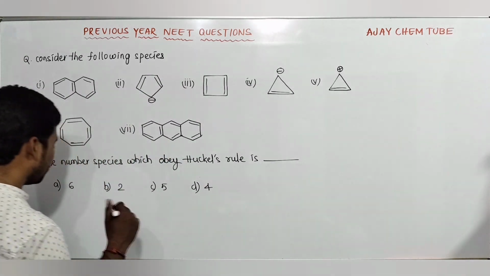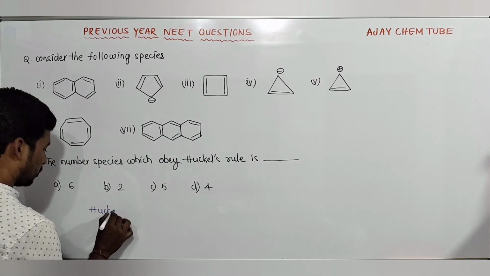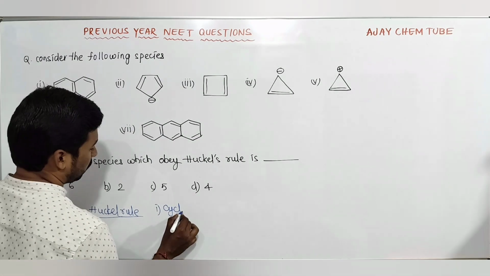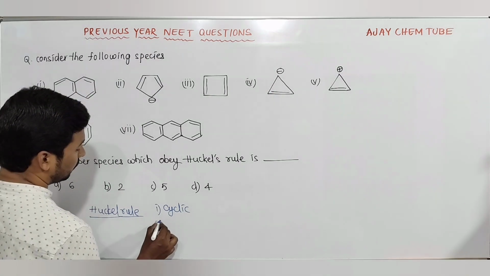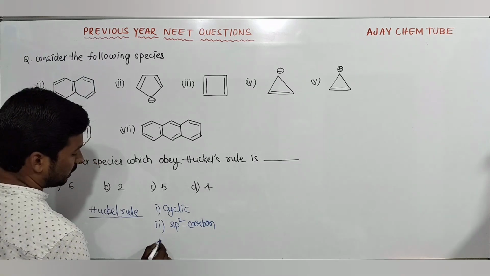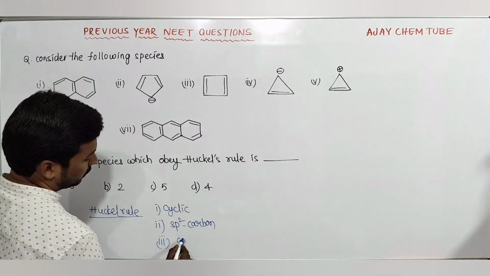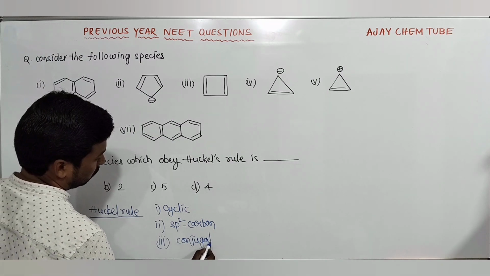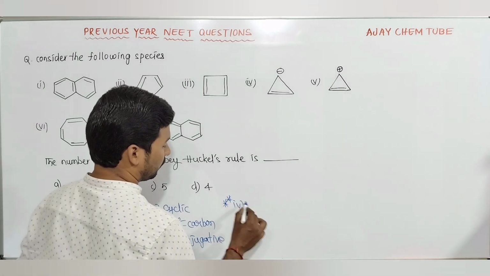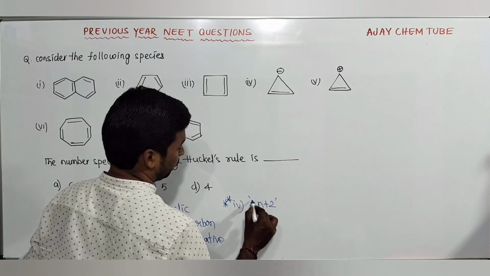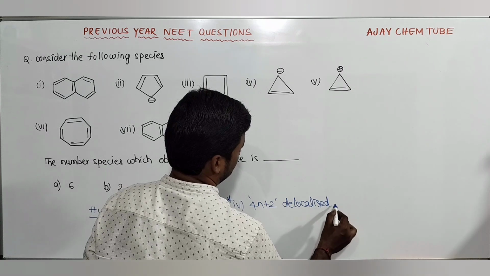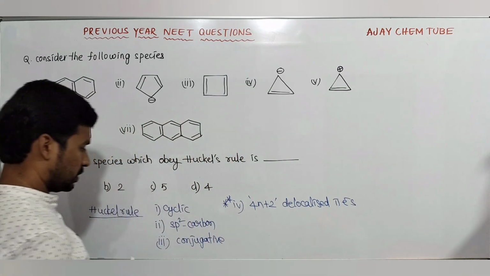So first, what is the Huckel rule? Following Huckel rule means first that it is cyclic and planar, all sp2 carbon, a conjugated system, and the last important rule, 4n plus 2 delocalized pi electrons.